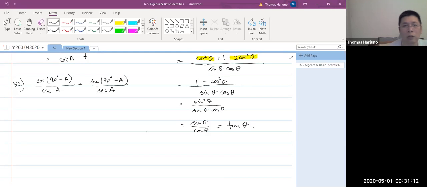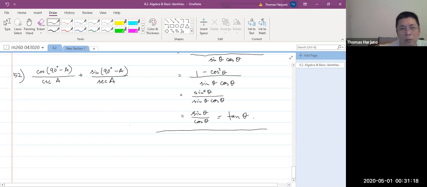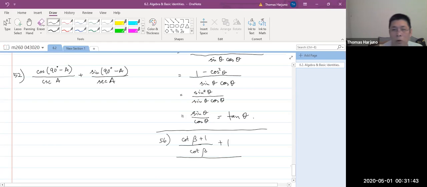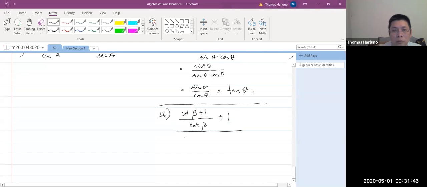Maybe one more, why not? Number 56. Cotangent beta over cotangent beta plus 1, over cotangent beta, plus 1 over cotangent beta minus 1, over cotangent beta minus 1.